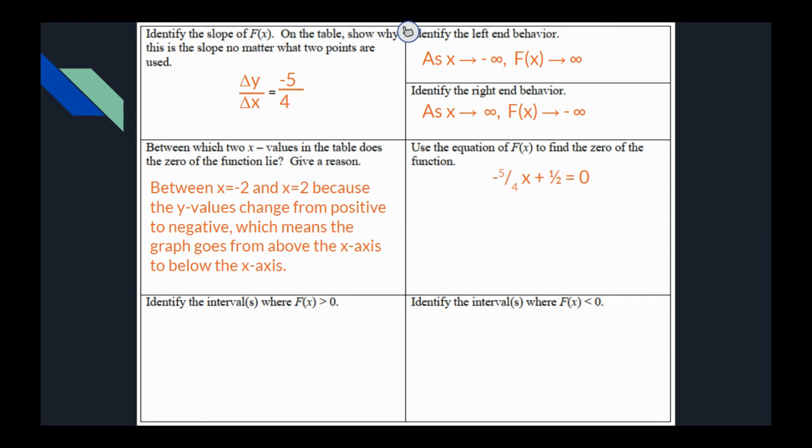If, like me, you really need fractions, you can multiply everything by 4. Make the fractions go away. So hopefully you got the 0 as x equals 2/5.